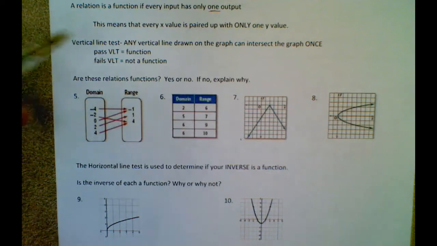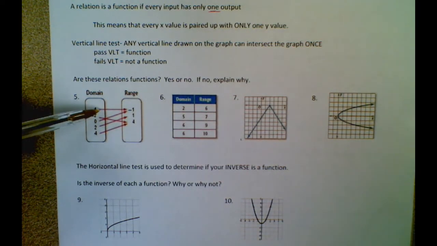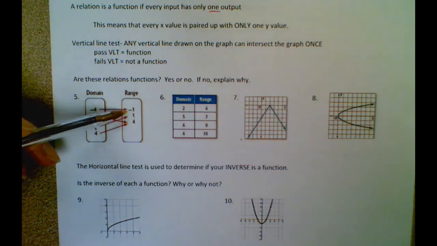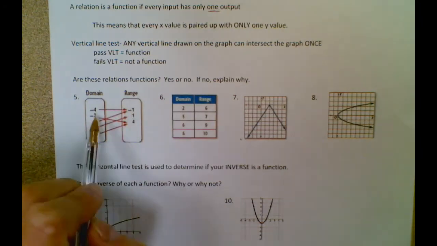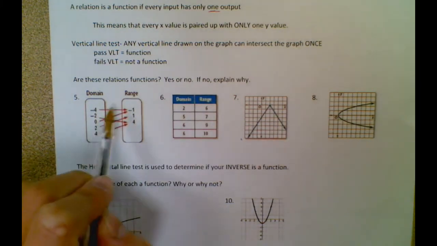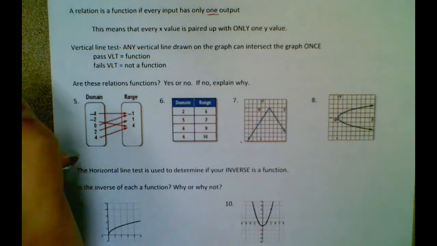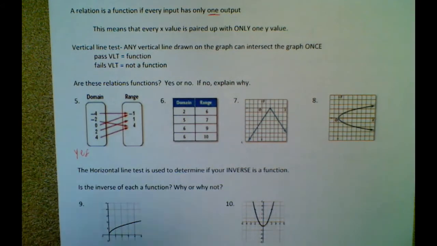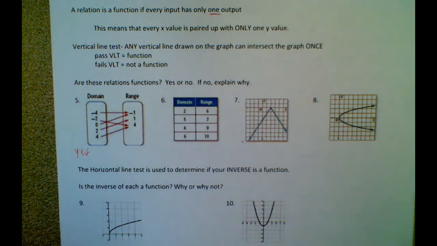So looking at this relation number 5, each input has exactly one output. So this x value has one output. This x value has one output. This x value has one output. This x value has one output. And this one has one output. So yes, this is a function, and it's because each x is with only one y.